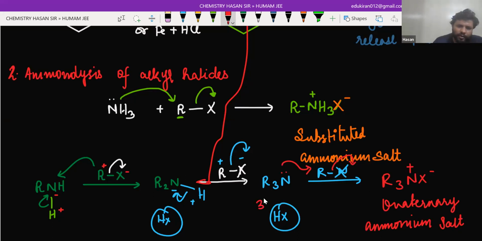So this is your 3 degree, this is your 2 degree, and this is your 1 degree. Write the reaction. And this is basically the process where we cleave the bond between C and X with the help of ammonia, that is called ammonolysis.